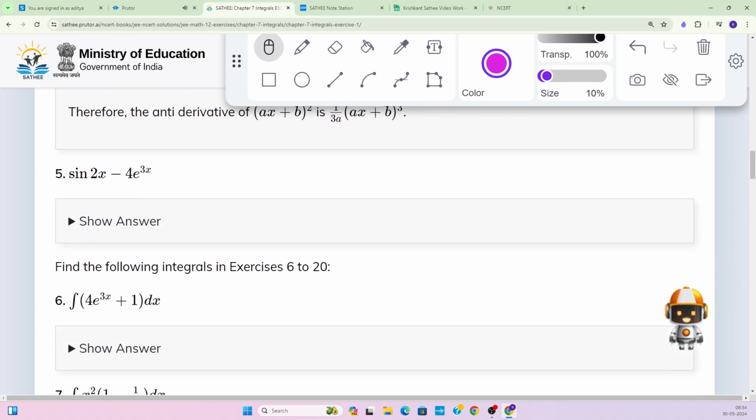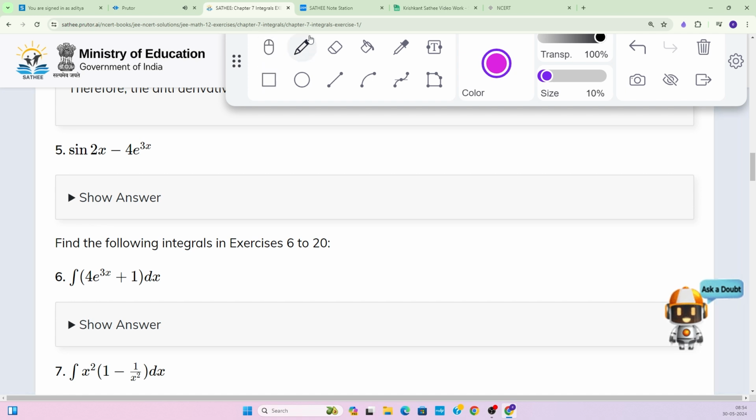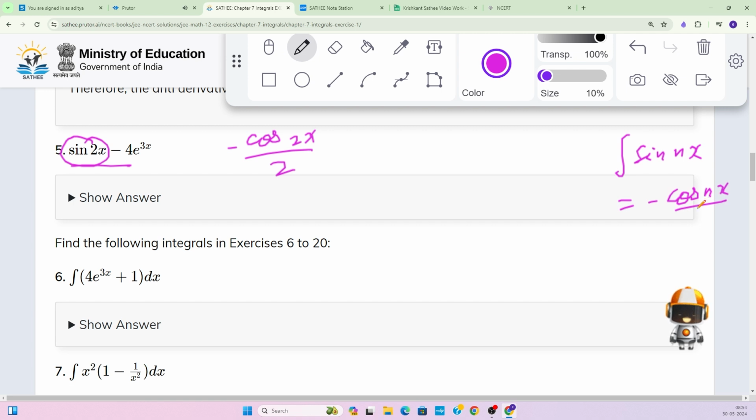Now the same logic will be applied here. We just saw the general form, so using the general form, sine nx will be minus cos nx divided by n.